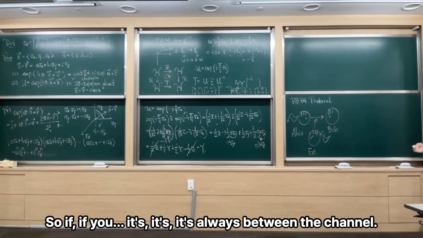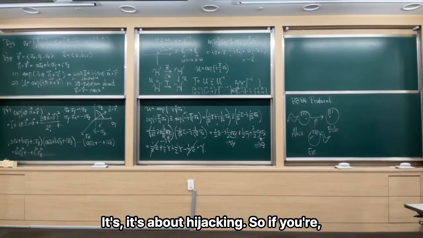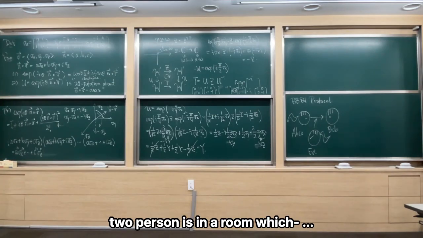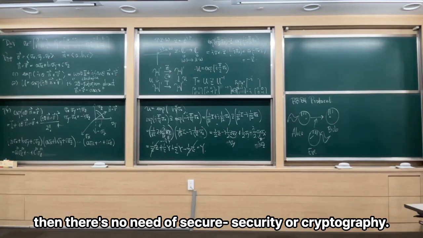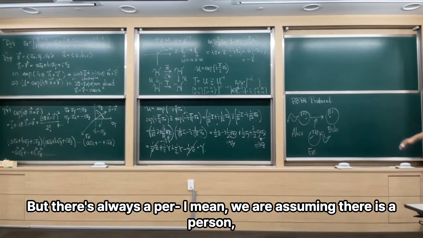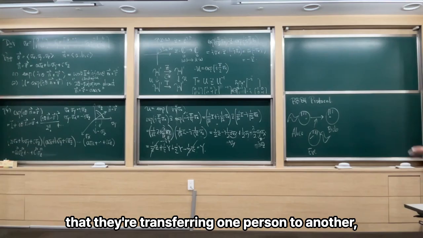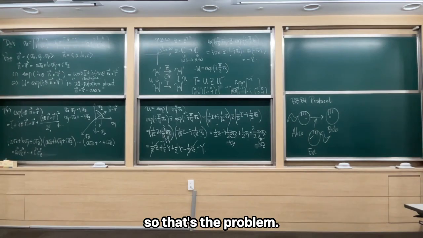So it's always about the channel. It's about hijacking. If you two are in a room where no one can ever hear you, then there's no need for security or cryptography. But we are always assuming there is a person listening to our channel and getting all the information that's transferred from one person to another. That's where the problem arises.